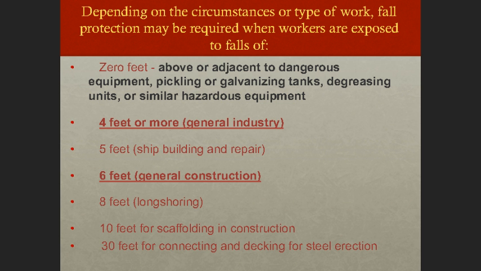So anytime you have the potential to fall greater than 4 feet, then some type of fall protection or fall prevention would be required. On offshore platforms, shipbuilding and repair, 5 feet, 6 feet for general construction work, 8 feet for longshoring, 10 feet for scaffolding if you're working in construction, and 30 feet for connecting and decking for steel erection, which is another construction standard.